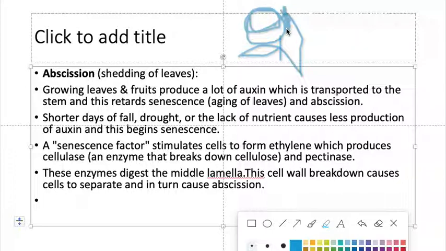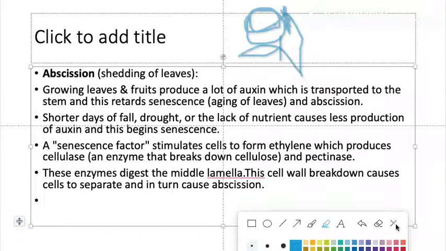Okay, so because of the presence of auxins, this effect will be reduced. That means the aging effect of the plant will be reduced. Isn't that wonderful? Sadly, for humans and animals, you don't have such a hormone where you can reverse the effect of aging.